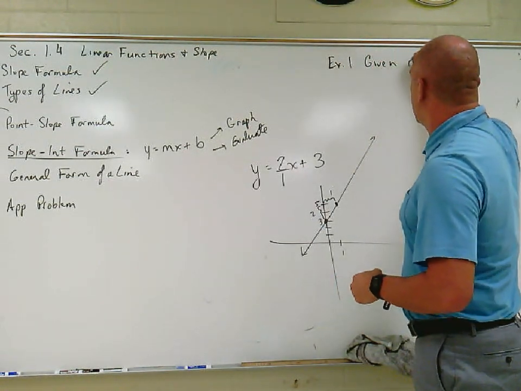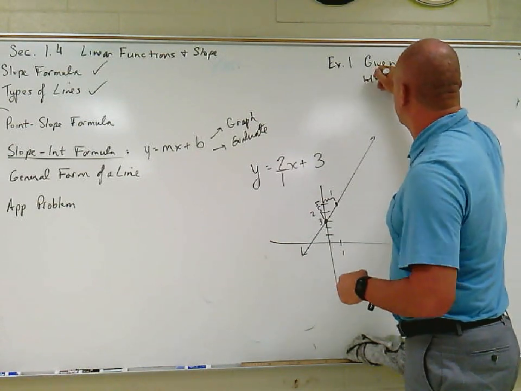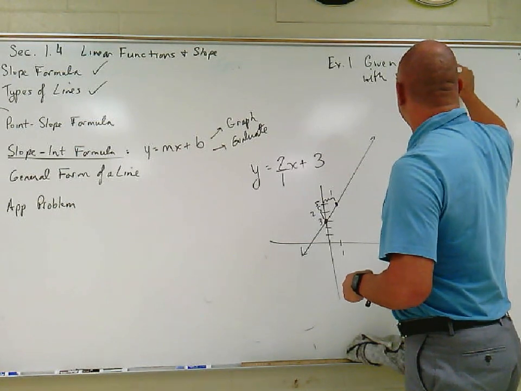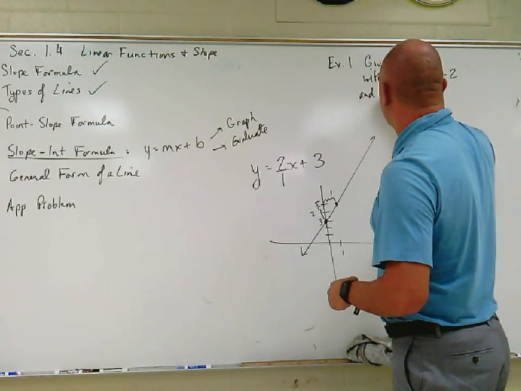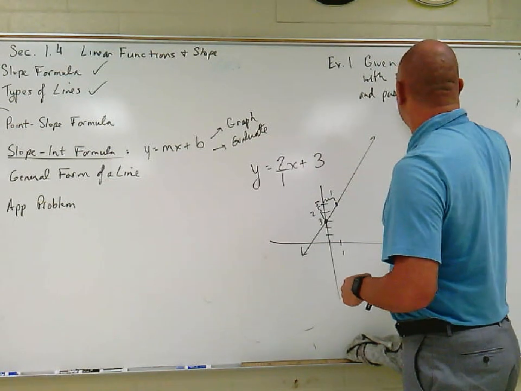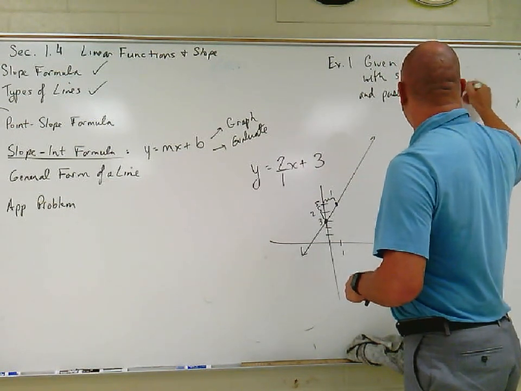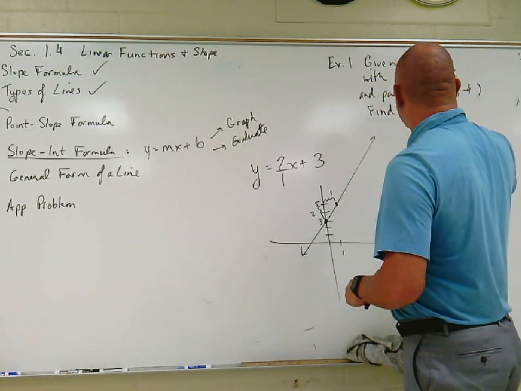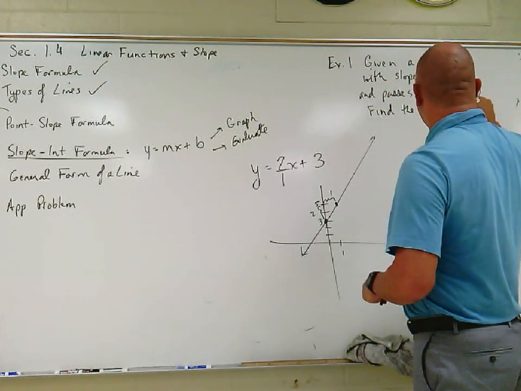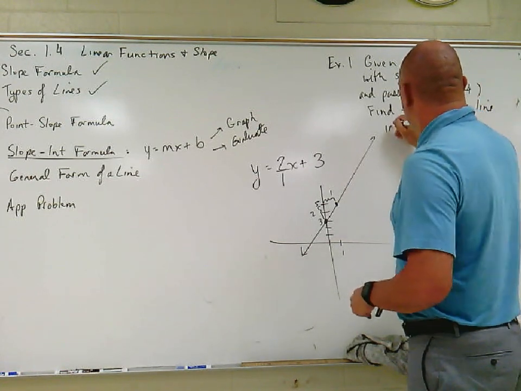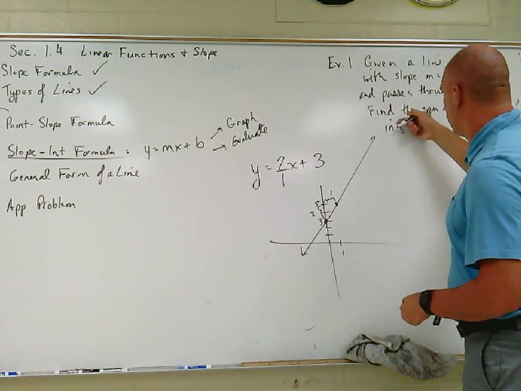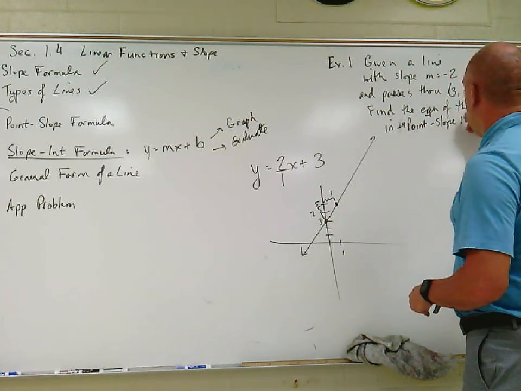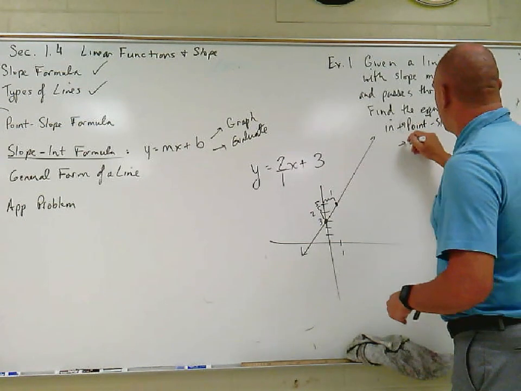Given a line with slope m equals -2 that passes through (3, -4), find the equation of the line in two forms. First, point slope form, and then slope intercept.